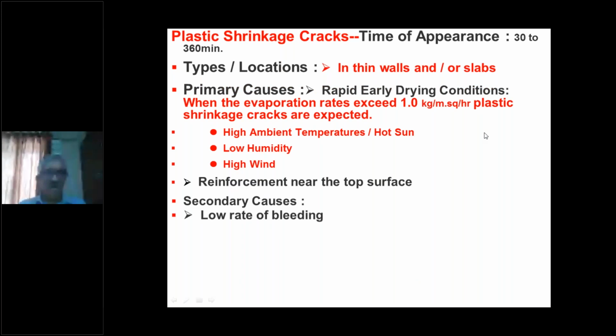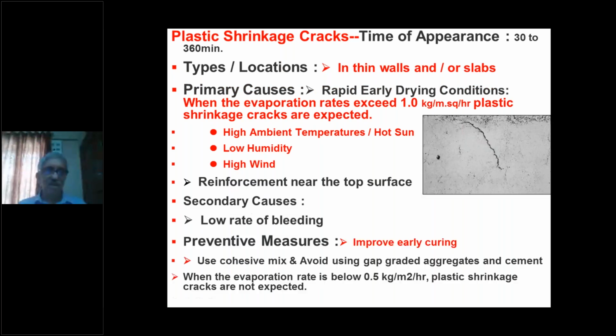I dealt with plastic shrinkage in the earlier lectures on basics of curing and basics of cracking. Plastic shrinkage cracks appear within 30 to 360 minutes. But I have seen in hot weather, it appears even within 10 minutes.